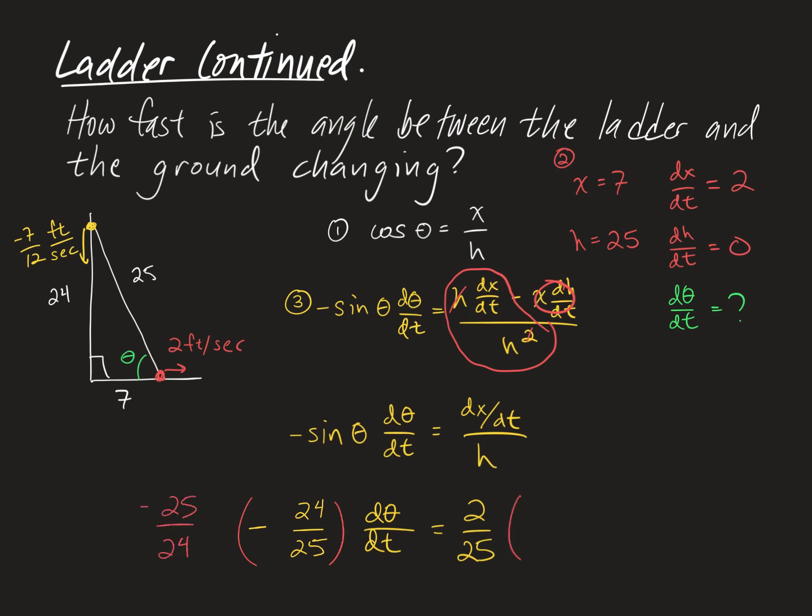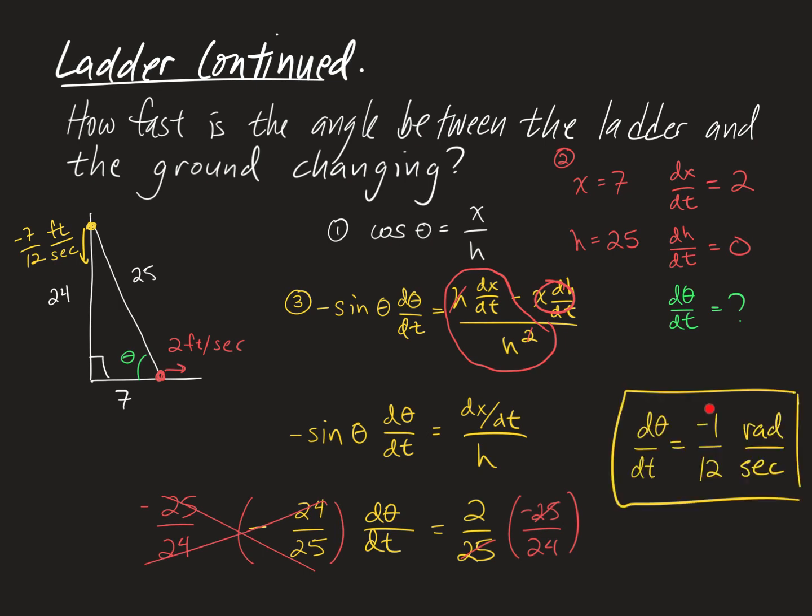And would you look at that? These reduce really nicely. This whole side reduces here, leaving you with negative 1 over 2 radians per second. And again, we have this weird negative number here.